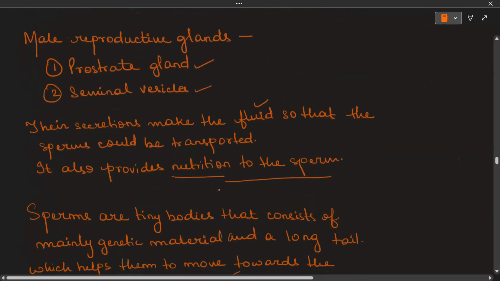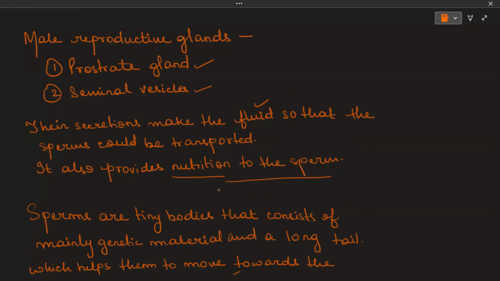Talking about the male reproductive glands, the two of them are the prostate gland and the seminal vesicle. Basically both of these glands are there to help in the nutrition of sperms. The developing sperms require a lot of nutrition, so that is the reason why these two glands are present.